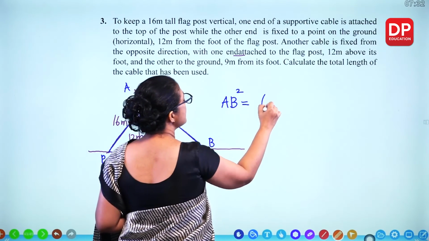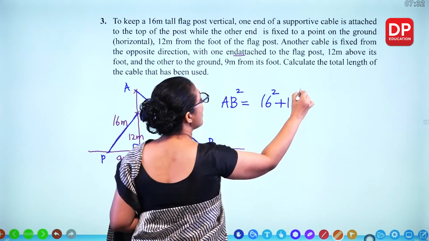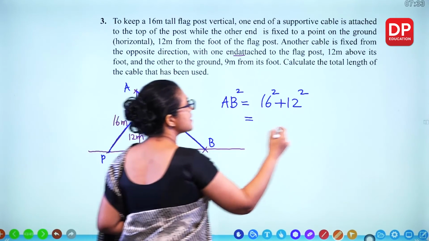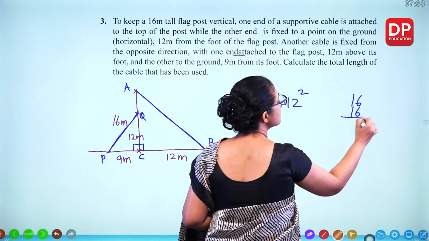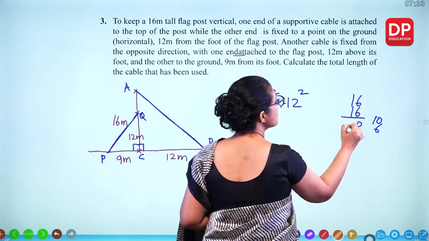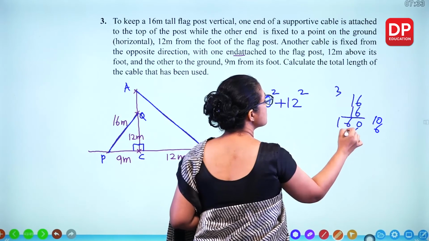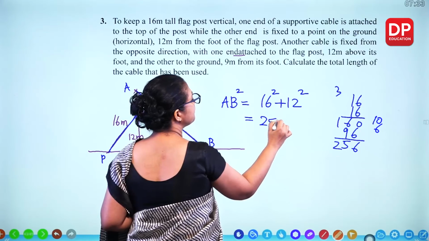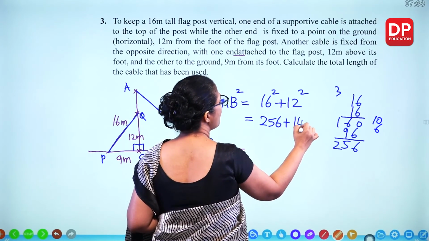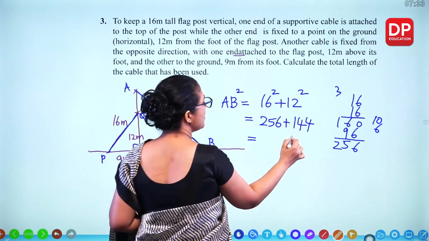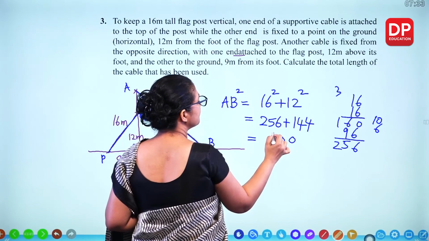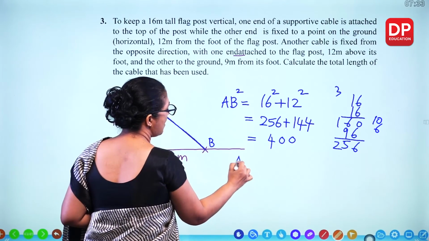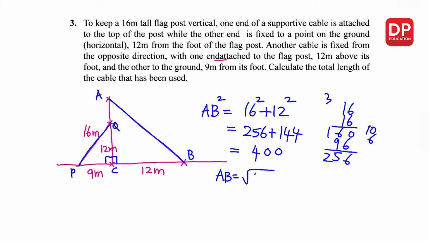So AB squared is 16 squared plus 12 squared. What's 16 times 16? 256. 12 times 12, 144. When you add it together, you get 400. So what's AB? Square root of 400, that's 20 meters.